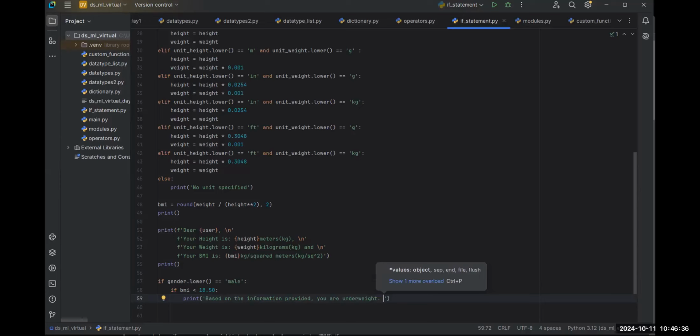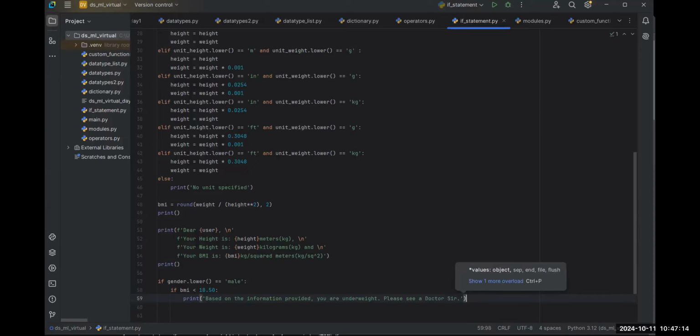Now these are for males, right? Please see a doctor, bro. So we are doing this for males, or sir. Okay, so let's use sir. Please see a doctor. Now we have done the first one.